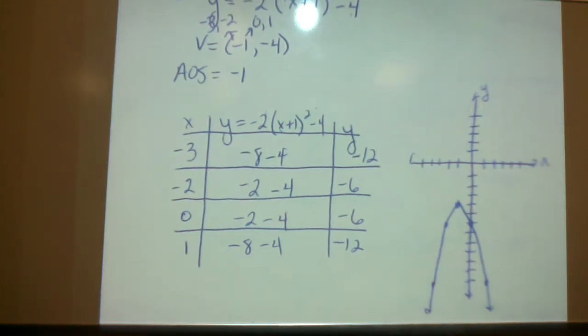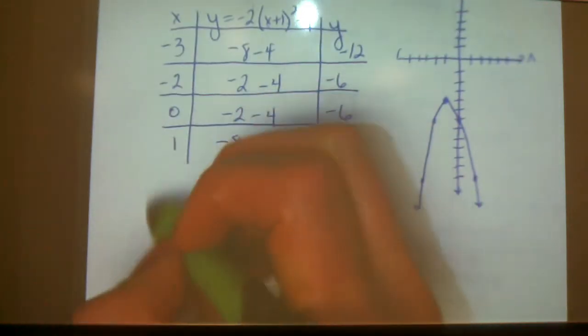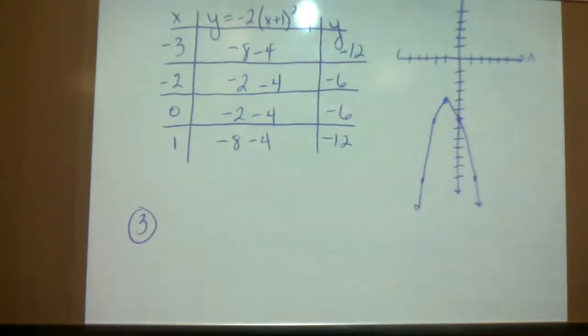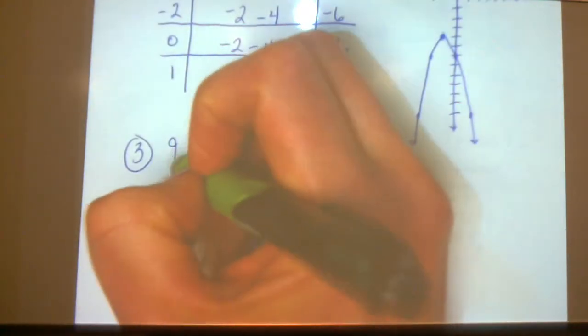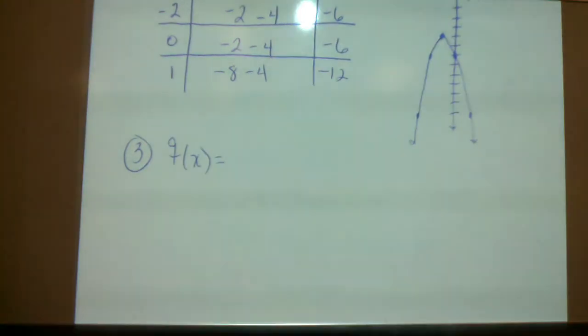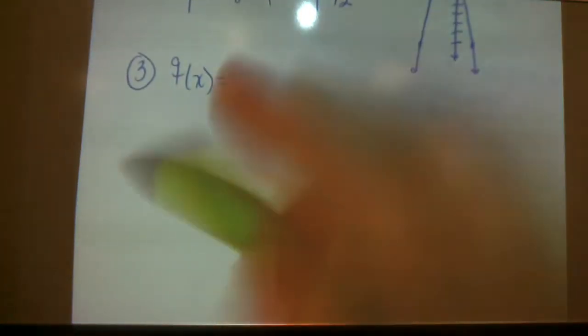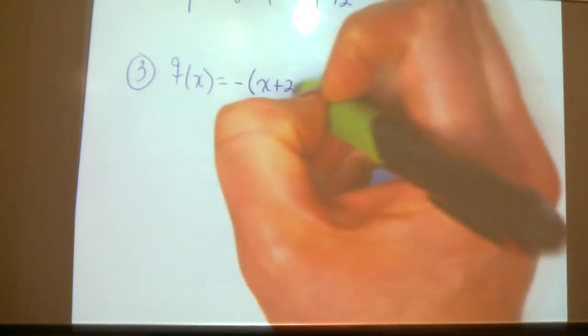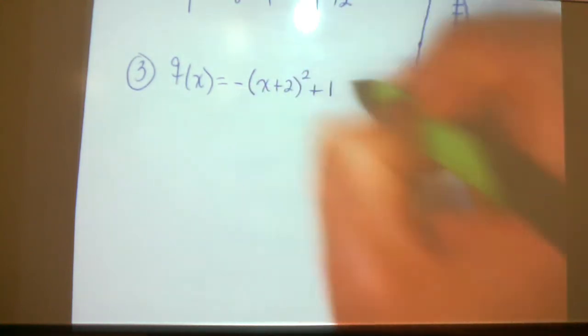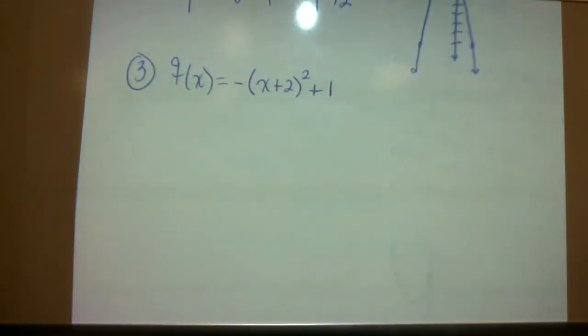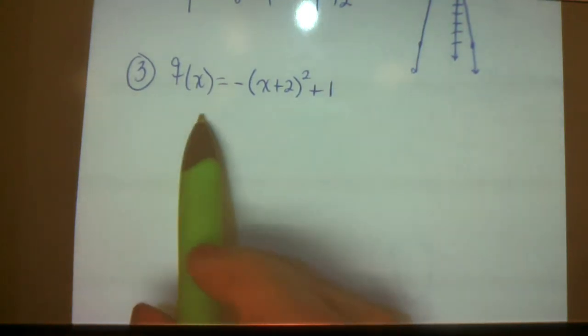Okay, let's do another one. Number 3. I've got f of x is equal to negative, and then the quantity (x plus 2) squared plus 1. All right, let's start. Remember, f of x is the same thing as y.